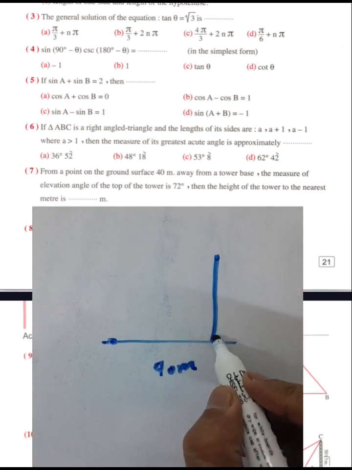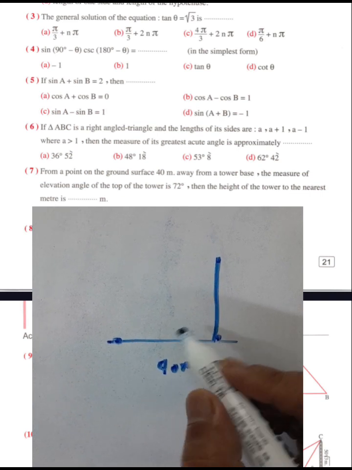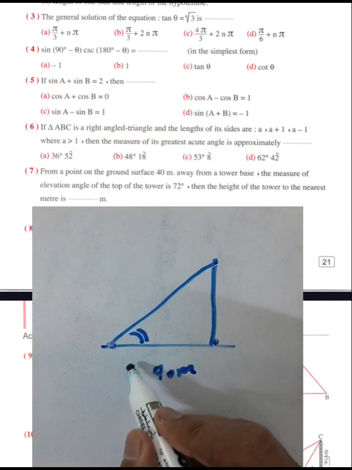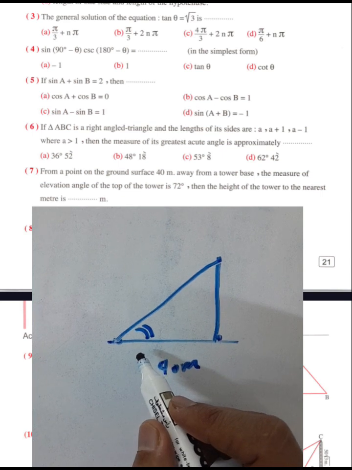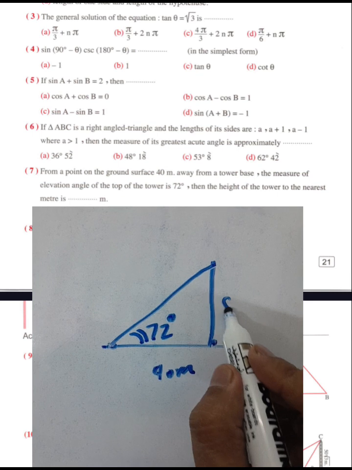We have a tower base here. The measure of the elevation angle is 72 degrees. We want to find the height here.